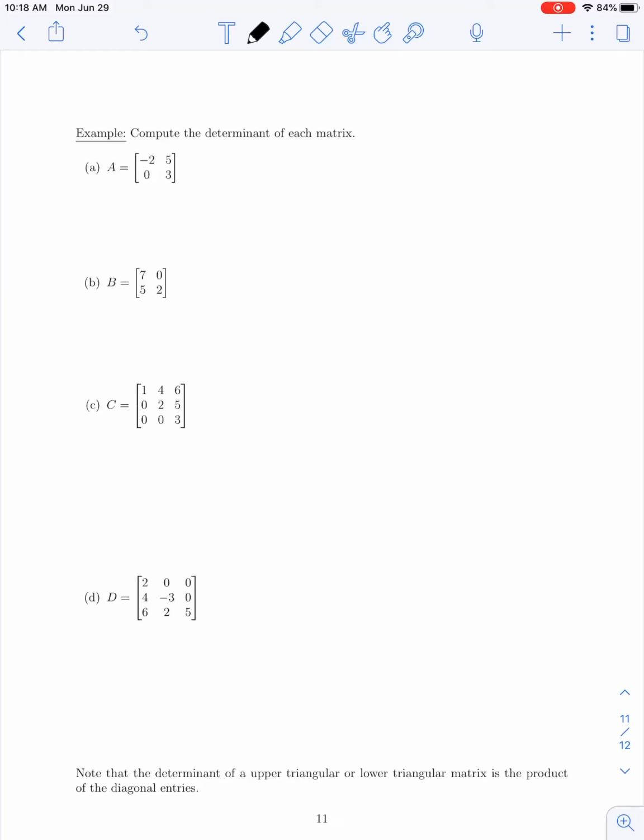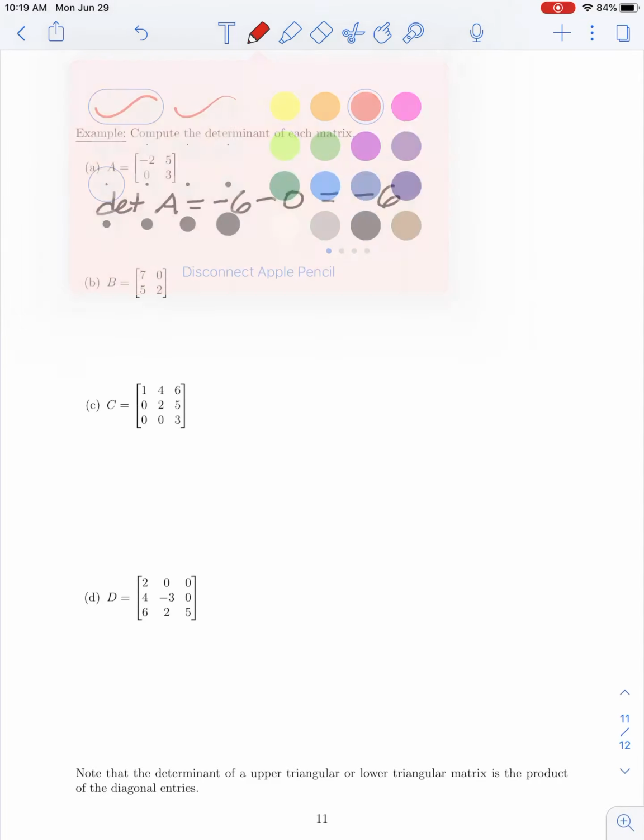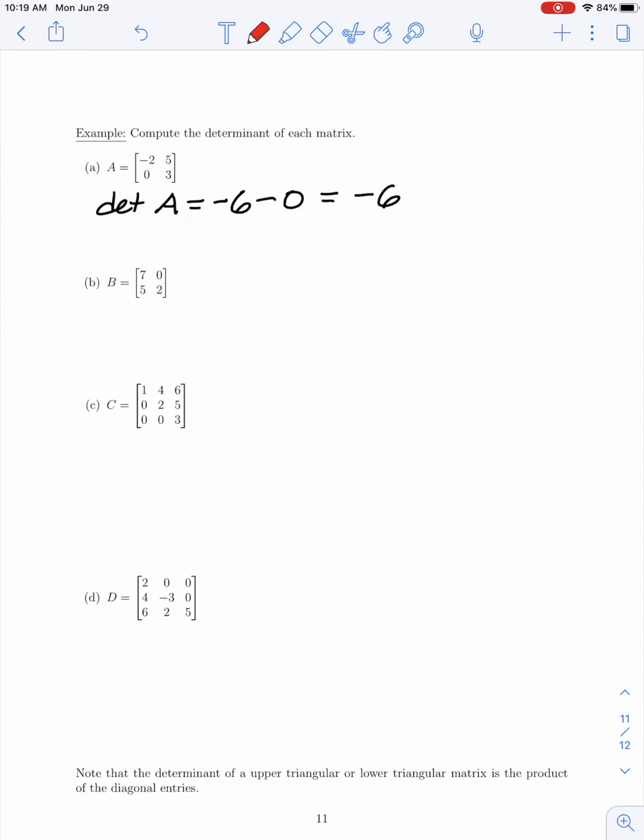So in part A, we have this 2 by 2. The determinant of A would be given by the product of our diagonals, which is -6, minus the product of the off diagonals, which is 0. So here we have -6, and notice that this matrix, if we think about it being in row echelon form, has zeros everywhere below that main diagonal entry.